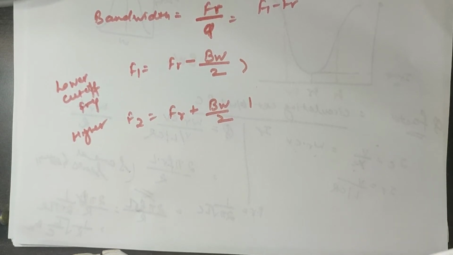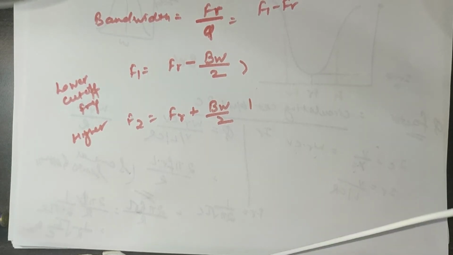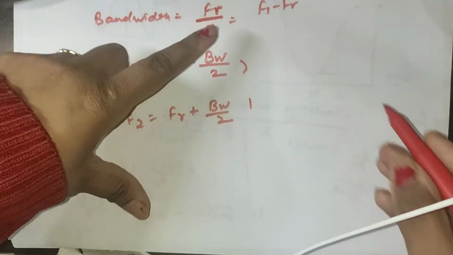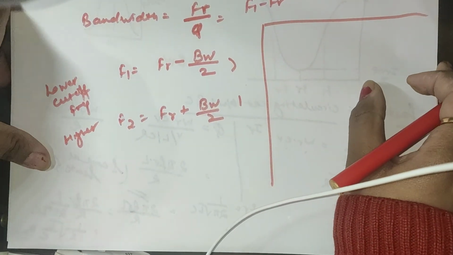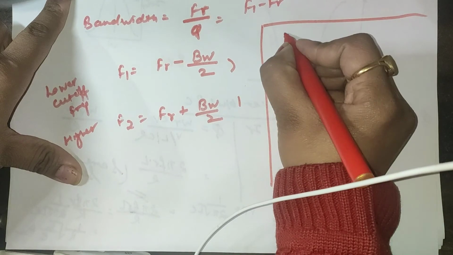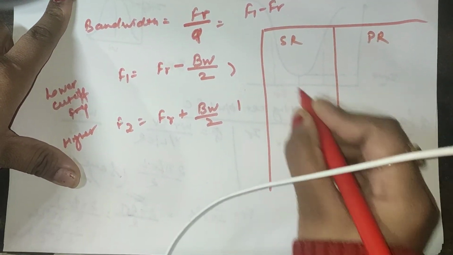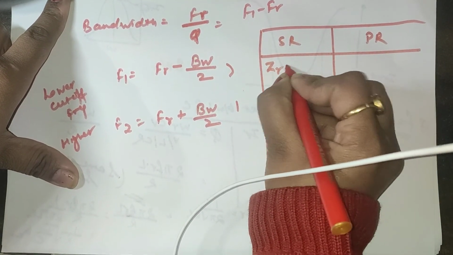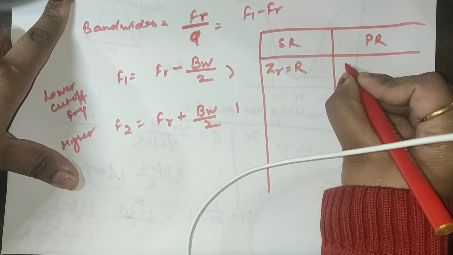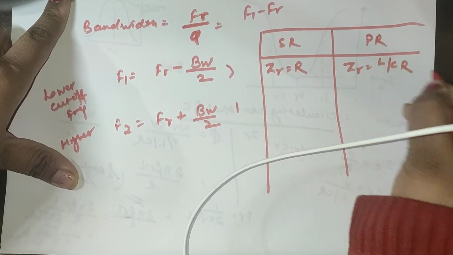Okay, now how can you compare the series and parallel resonance? I am writing here: series resonance, SR, and parallel resonance, PR. In series resonance, ZR equals R. In parallel resonance, ZR is L upon CR.